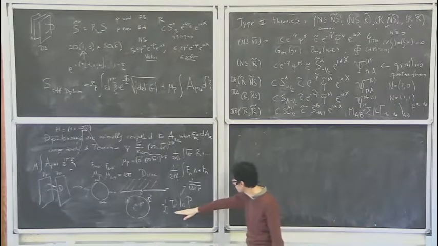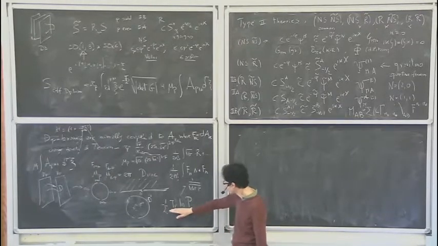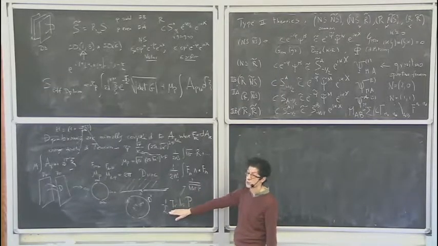So when you sum over all string states, this trace will be over the states generated by the alphas in the X. There will be a contribution coming from the states generated by the psi's, the states generated by the bc, and the states generated by the beta gamma.